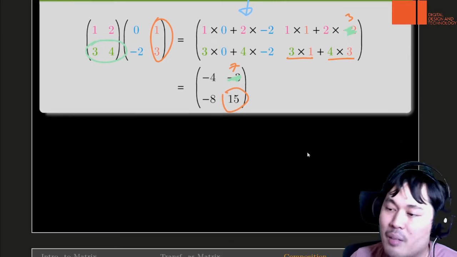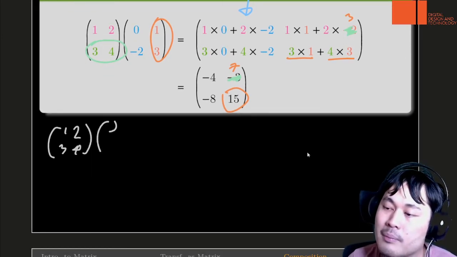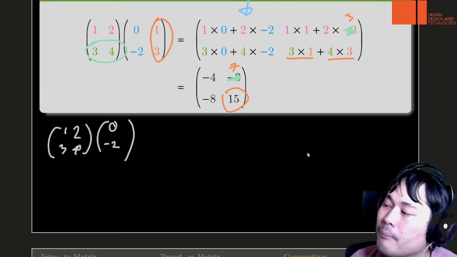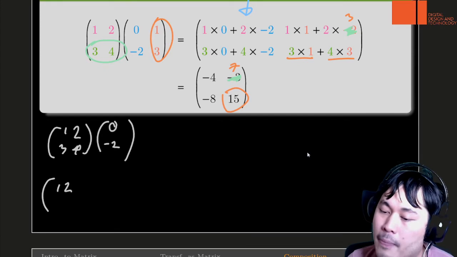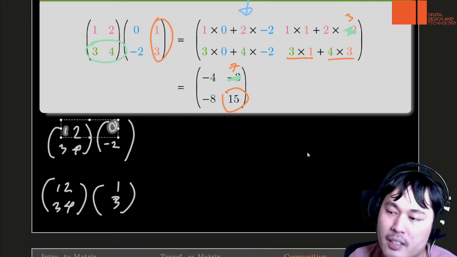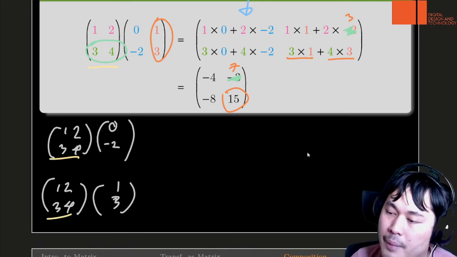But what I recommend, and also what makes sense in terms of transformation, is you split this task into two multiplications. Like the first one here, where you multiply the matrix on the left by the first column.